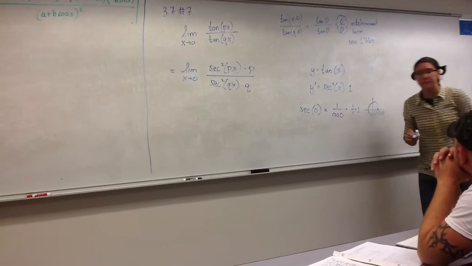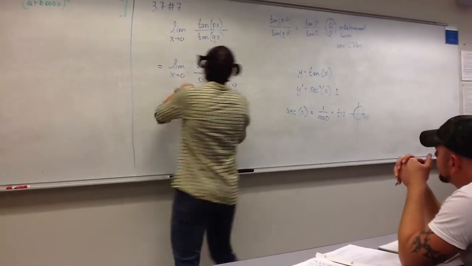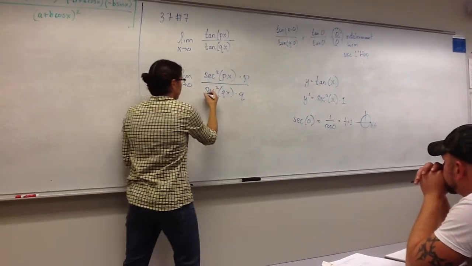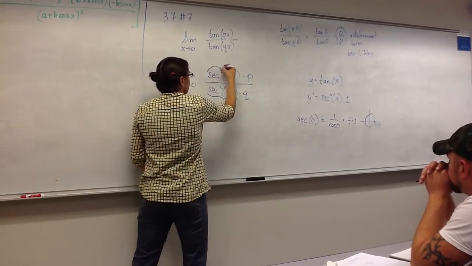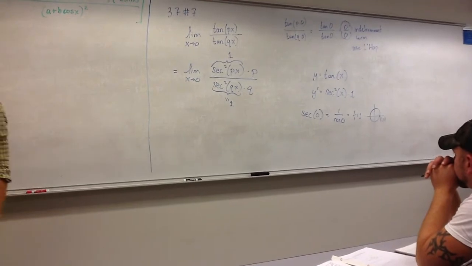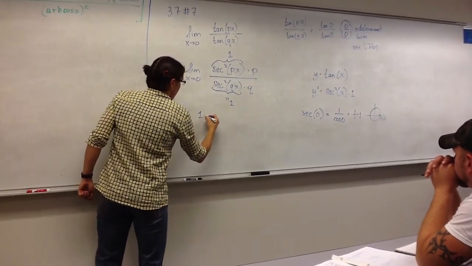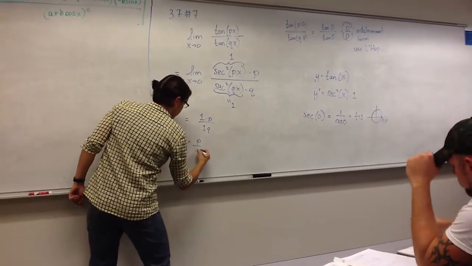So this is 1 over 1, which is 1. So as x goes to 0, secant squared of qx goes to 1. This is in fact equal to 1. And secant squared of px also equal to 1. So we can let x go all the way to 0, and we end up with 1 times p over 1 times q, which is p over q.